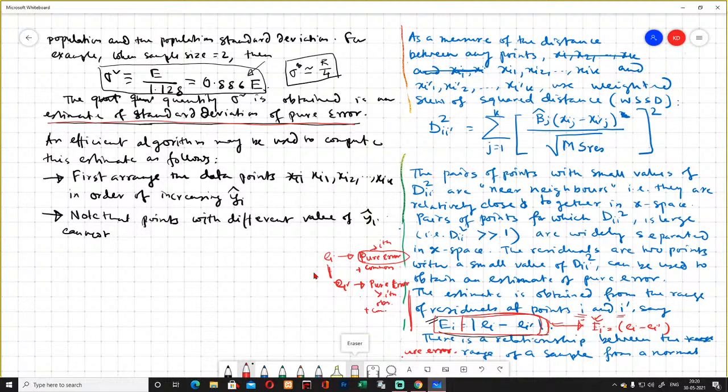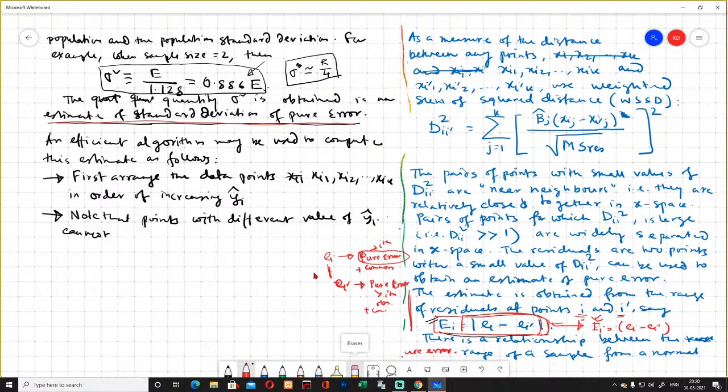Subhrojit, see that the pure error is not the error. Suppose we have a nearly symmetric distribution. In that case, it is likely that the median will be close to the mean. So we may use the sample median to estimate the population mean probably. Yes, you are right.